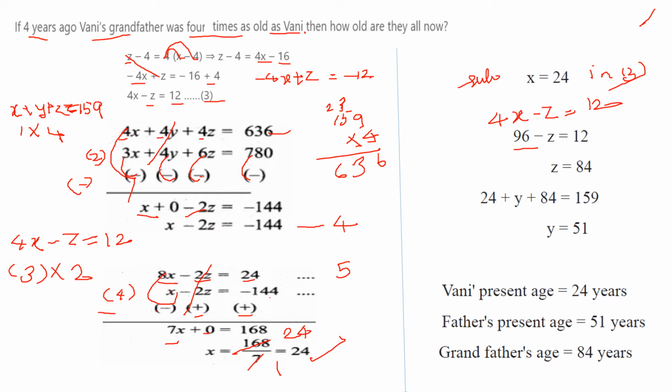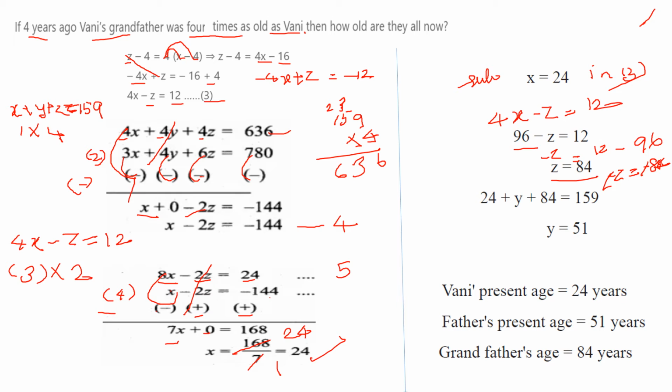Therefore minus Z equal to 12 minus 96. Next step. So minus Z equal to minus 84. Both sides minus, so we cancel, Z equal to 84.